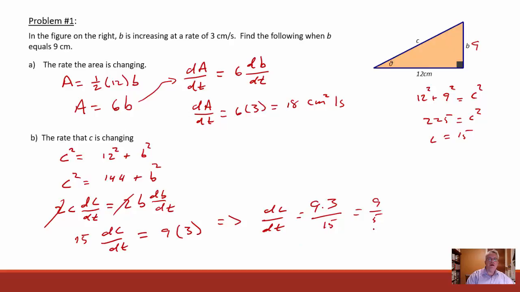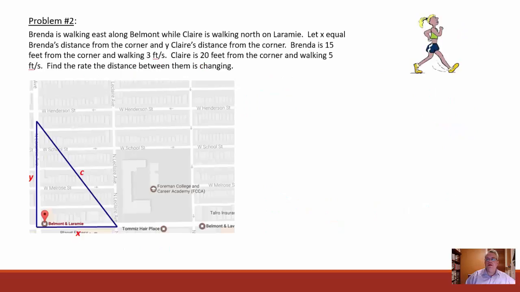Okay, and 9/5 would be 2.2, I believe. And no, I'm lying. That would be 1.8. Sorry about that. And so 1.8, and that would be centimeters per second. So if B increases at 3 centimeters per second, we know that this length here is increasing by 1.8 centimeters per second.